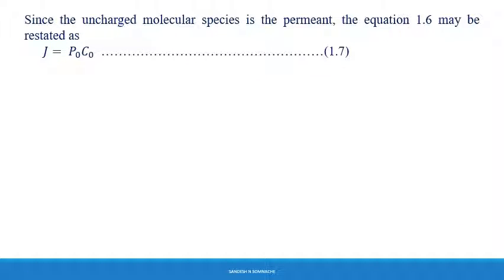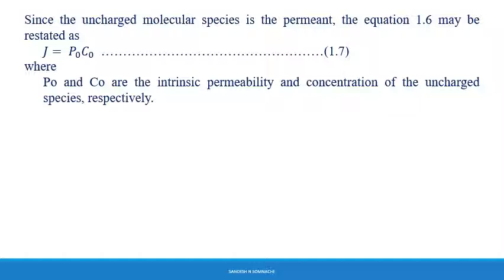We know that only the uncharged drug molecule can permeate across a biological membrane. So based upon that concept, we can rewrite the equation as J is equal to P0 into C0, where P0 and C0 are the intrinsic permeability and concentration of the uncharged species respectively.